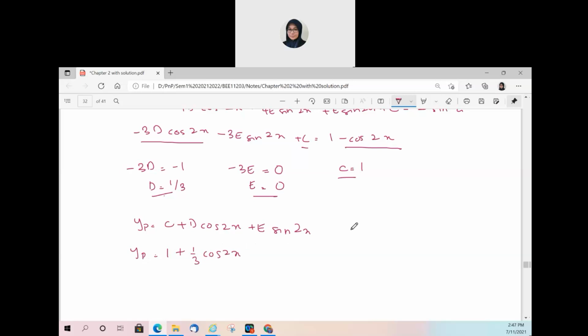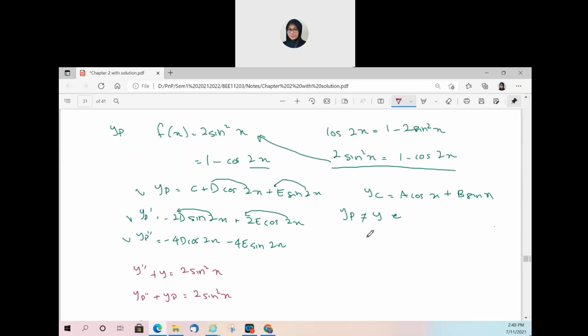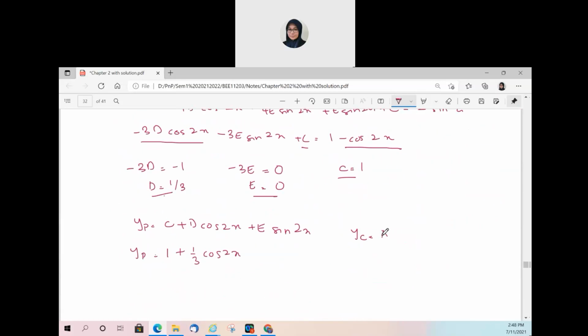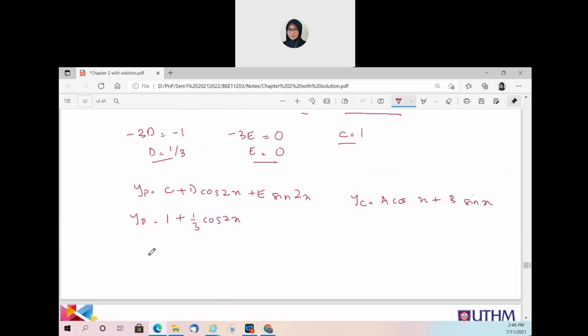And your YC is, berapa YC tadi? A cos x plus B sin x. Then our general solution Y is YC plus YP, which is A cos x plus B sin x plus 1 over 3 cos 2x plus 1. This is your Y.